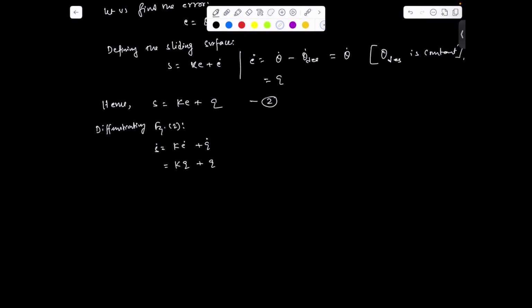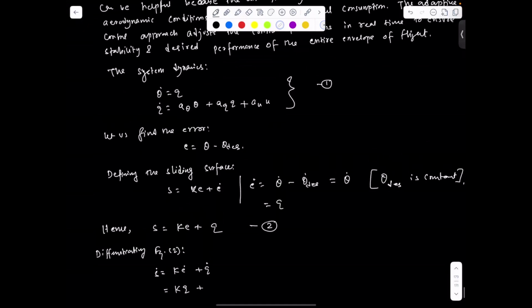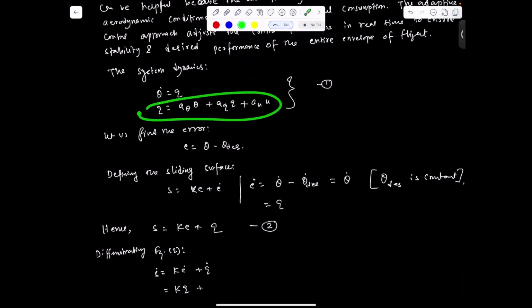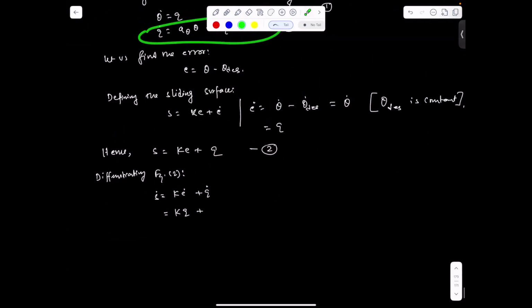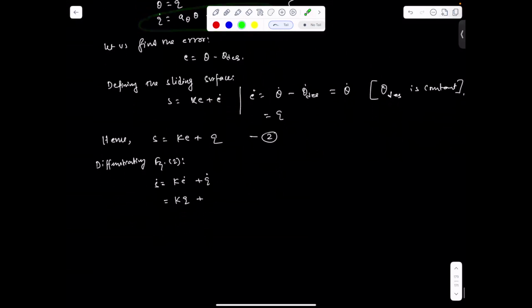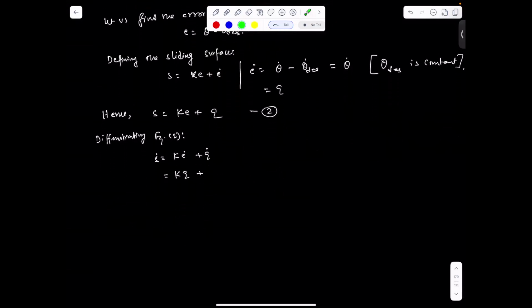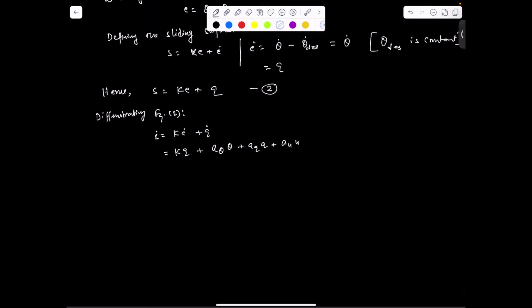In place of q dot, we can write this rotational dynamics: A theta theta plus AQ q plus AU u. So our system has been defined in variable S dot dynamics.